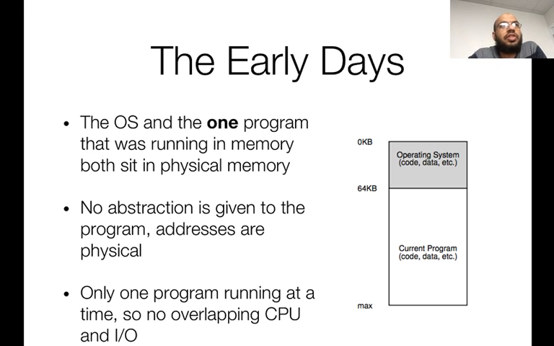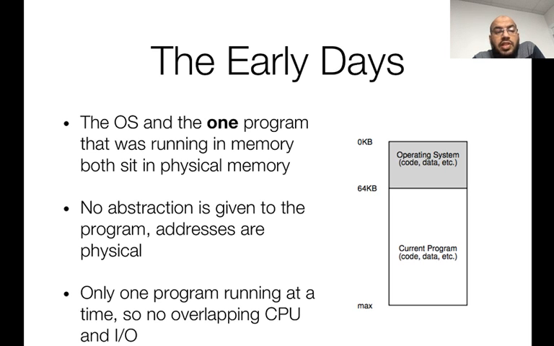It was very lightweight. There were no Windows; Windows started in the 90s. In this case, no abstraction is given to the program. Addresses are physical: the operating system has reserved memory, and whatever is left is just for the process.